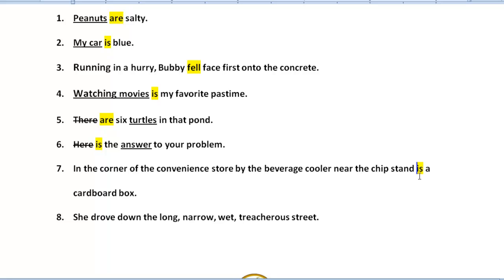Now, are we saying the corner is a cardboard box? The convenience store is a cardboard box? No. What is? Well, the box is. The box is what? It's in the corner, by the cooler, near the chip stand. Box is our subject.